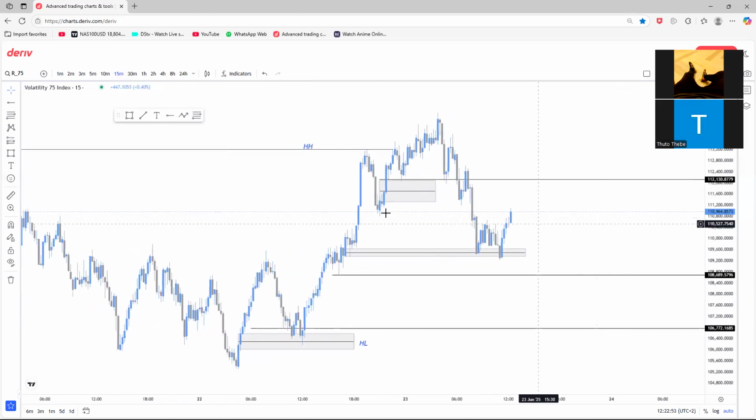So check again. This point here is what? I want you to be the one saying it. It's the new higher low. Why? The term describes itself.